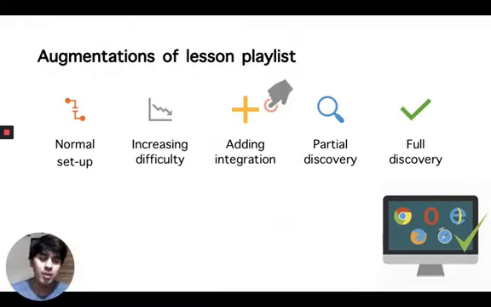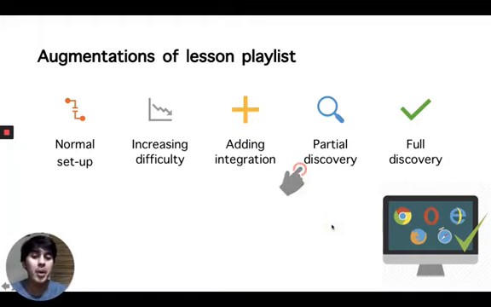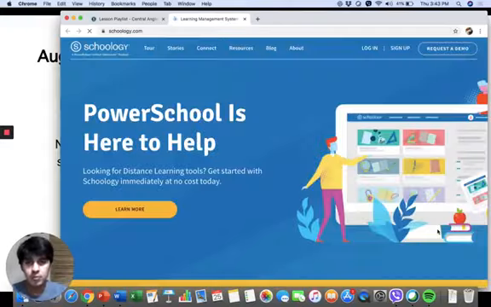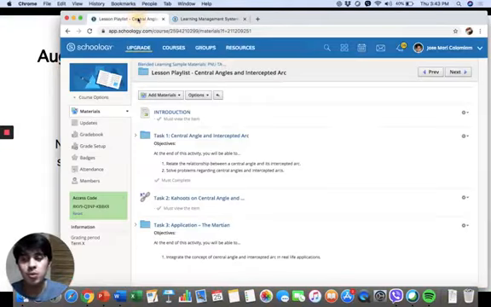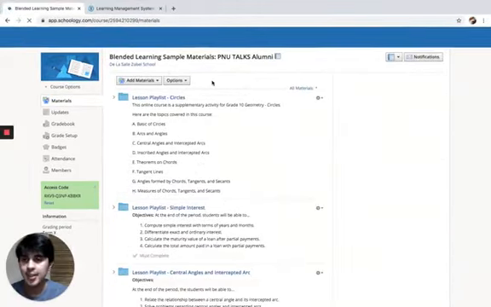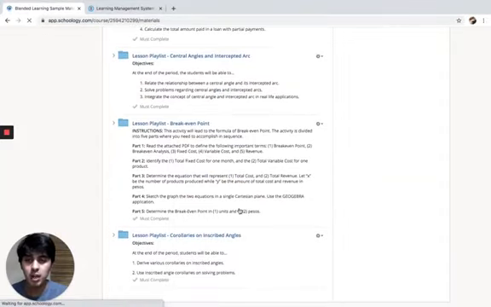After adding integration, we're going to continue with partial discovery. So we're done with the central angle and intercepted arc. This time we're going to continue with another activity, using the lesson playlist for break-even point.